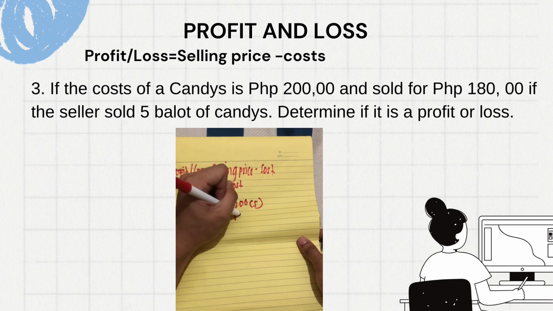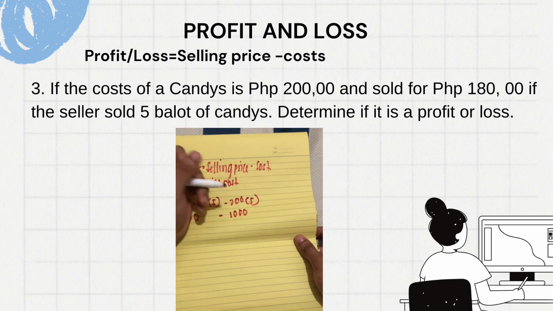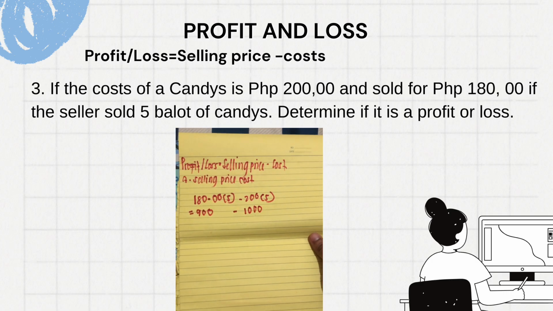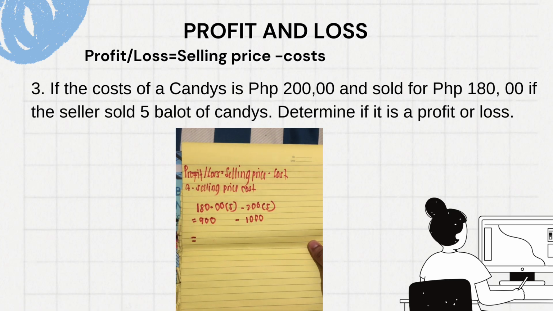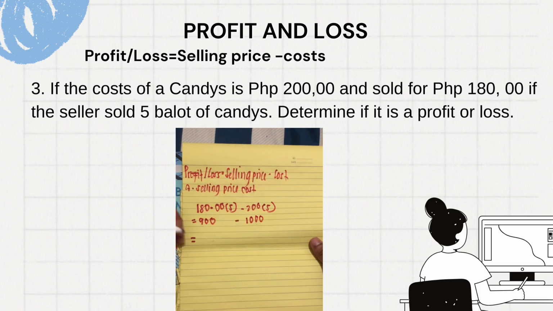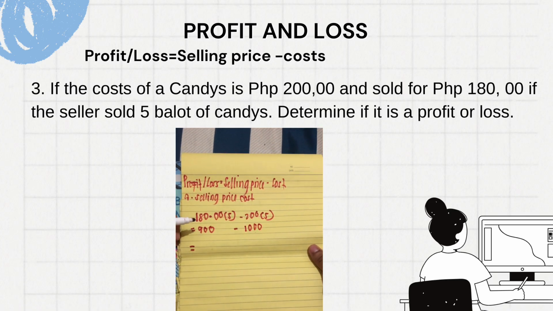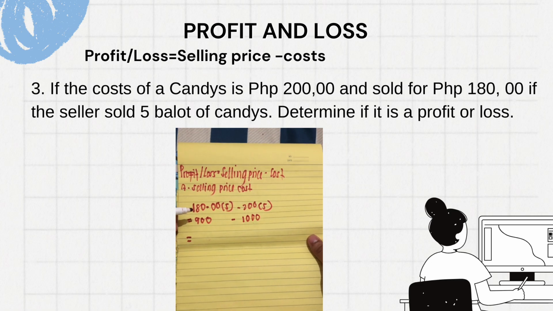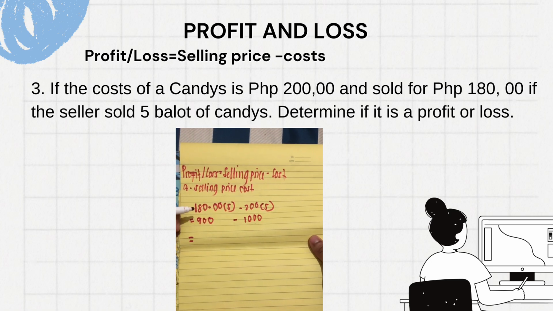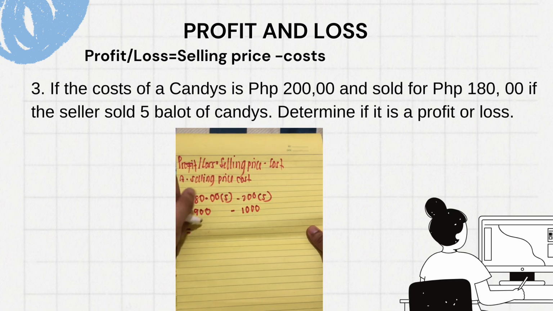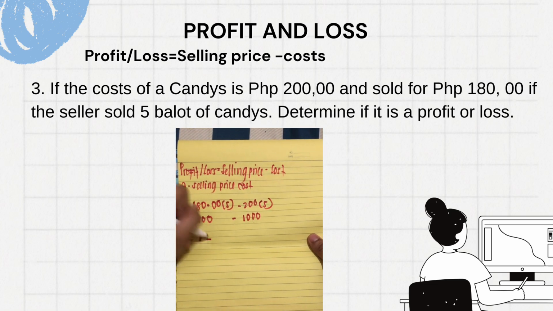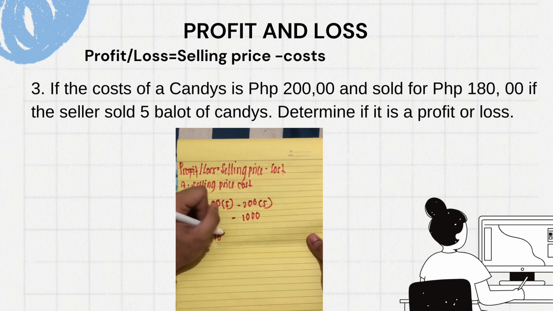Calculating again, it equals 1,000. So subtract 900 minus 1,000. So the answer is negative 100.